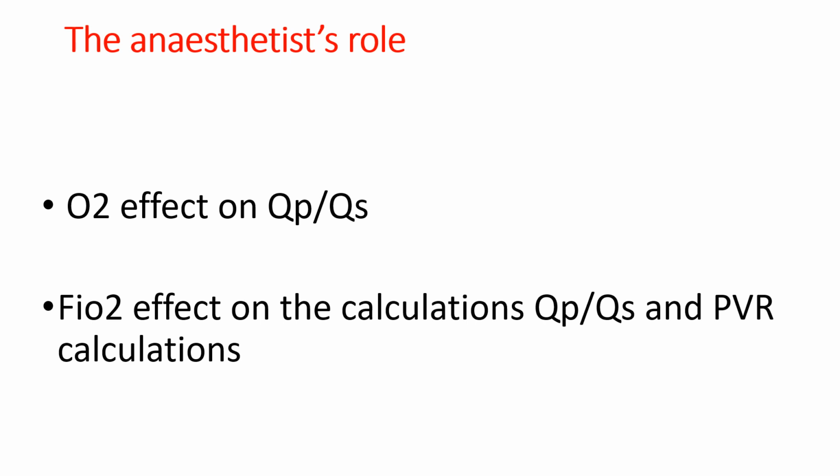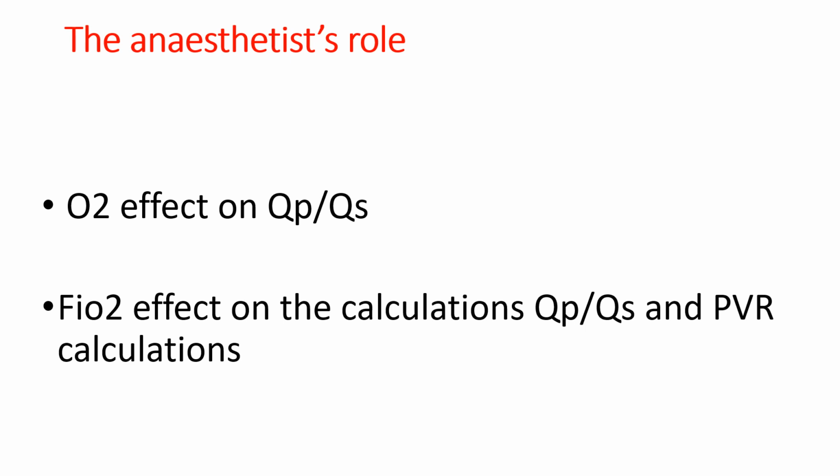And this oxygen content equation has part of oxygen loaded on the hemoglobin and part of oxygen dissolved in the plasma. And this part dissolved in the plasma is using the PO2. The more we give oxygen, the more we use a high FiO2, the more the dissolved oxygen in the plasma part, and this can cause inaccuracy in the calculations.